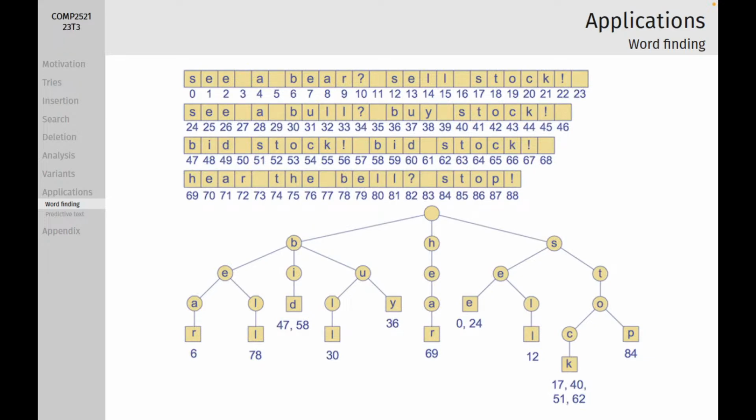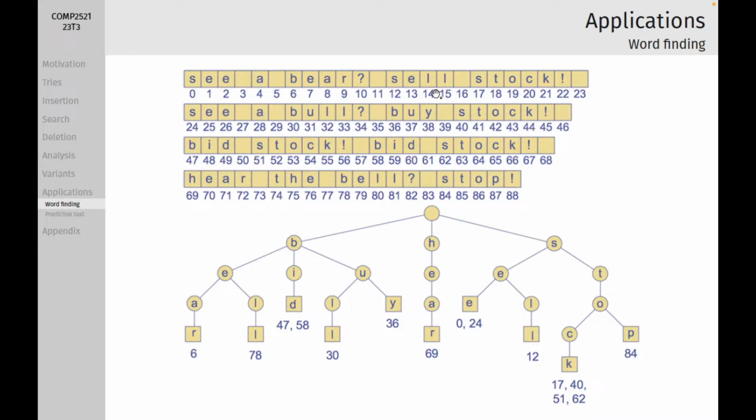Right, so here is a small example of that. So suppose this is our document. So we've got a bunch of words here, and not all of these words are in this trie, but let's suppose we want to search for the word stock.